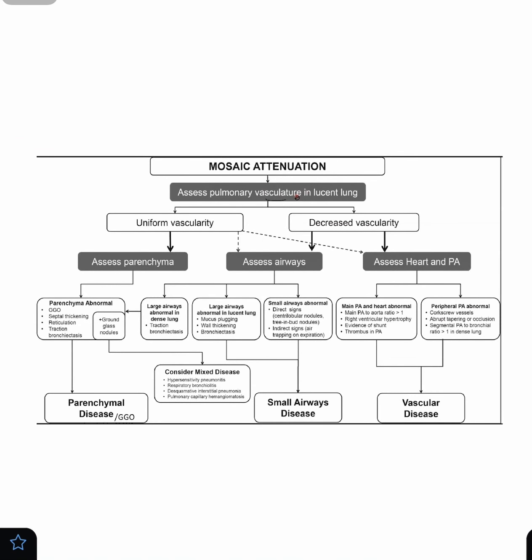This flowchart is very helpful whenever you come across a mosaic attenuation in which you are seeing high and low attenuation areas, black and white areas in the CT scan. Find out the vessels in the black area first of all. If the vessels are fewer in the black area, see the small airways.